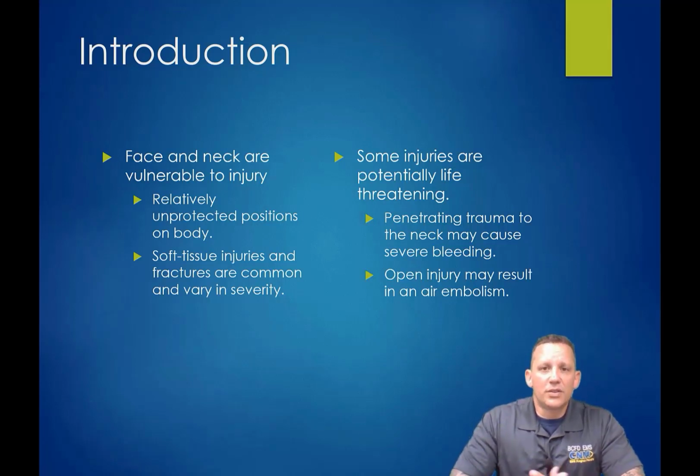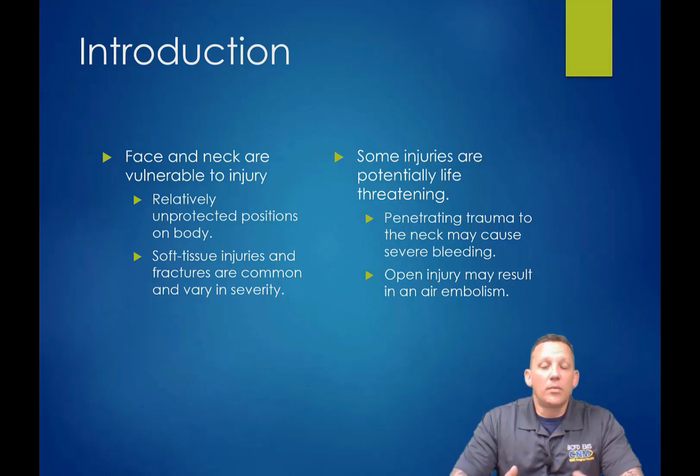So some injuries can be potentially life-threatening, and that's penetrating trauma to the neck, which may cause severe bleeding. Remember, we have two very large arteries running up into the brain, and then an open injury can result in an air embolism or something of that nature.